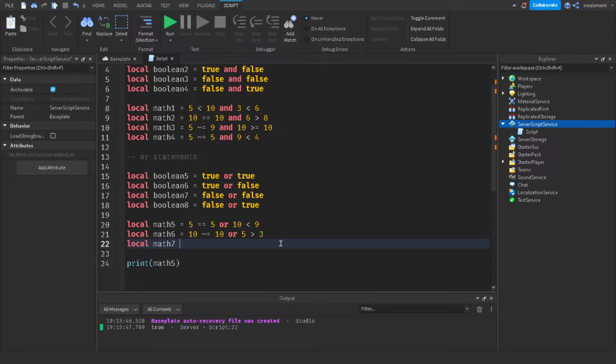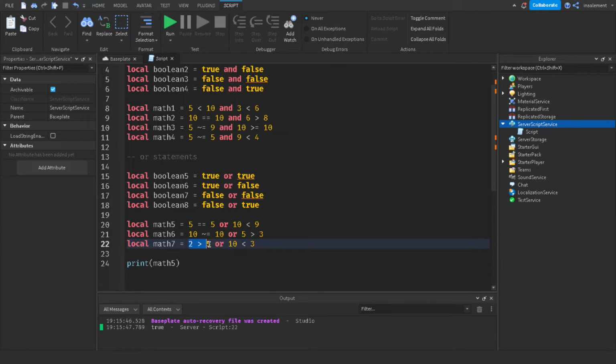What if we had both sides being false, right? So 5 is greater than 2, or 10 less than 3. Oh wait, oops. Let's do this.